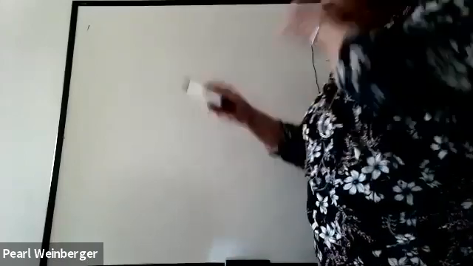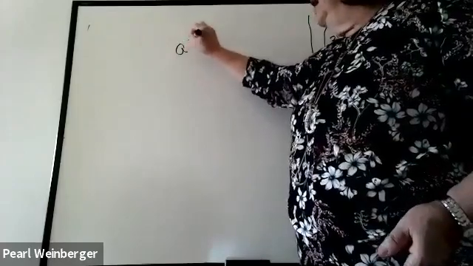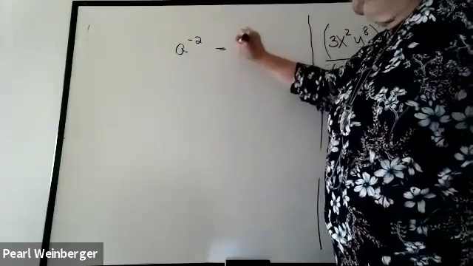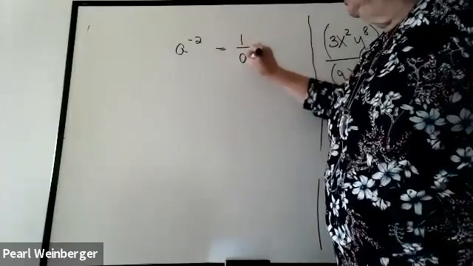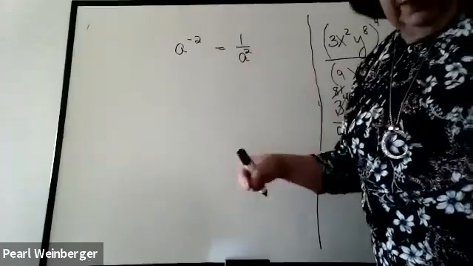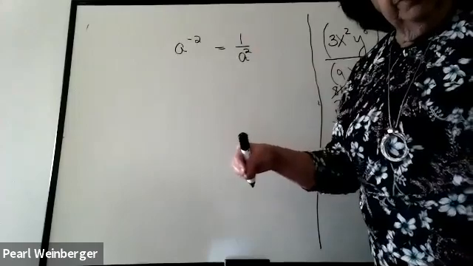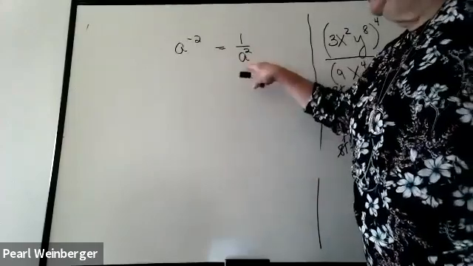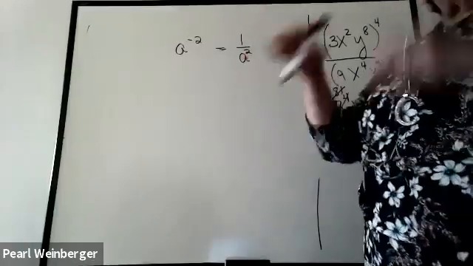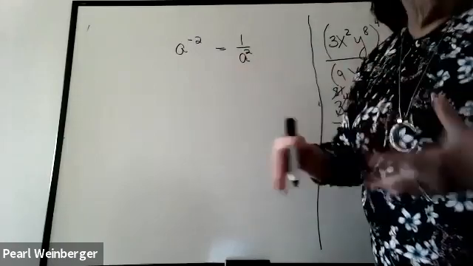If you see something like a to the negative 2, what that really means is 1 over a squared. To have a negative exponent means that your variable should be in the denominator rather than in the numerator. It doesn't make your answer negative, it makes it into a fraction.